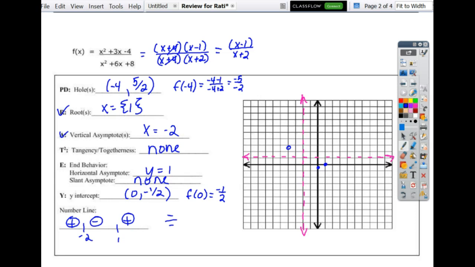Yes or no? Okay, so did you use this one or this one? Use the first one?